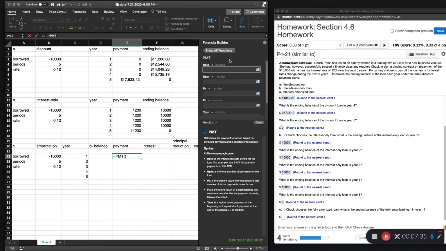So our rate is 12%. Our number of periods is 5 years. None of this is actually going to change, so we can keep all this consistent. Our present value is the $10,000. Future value is 0.